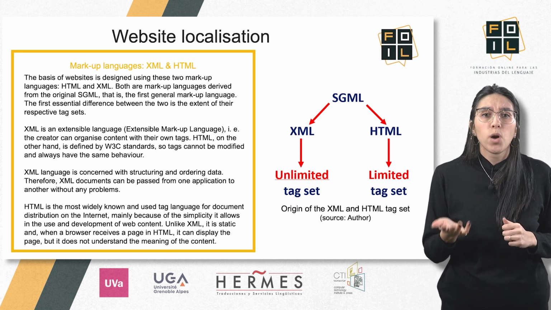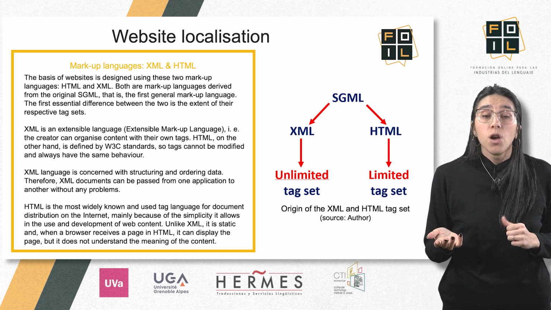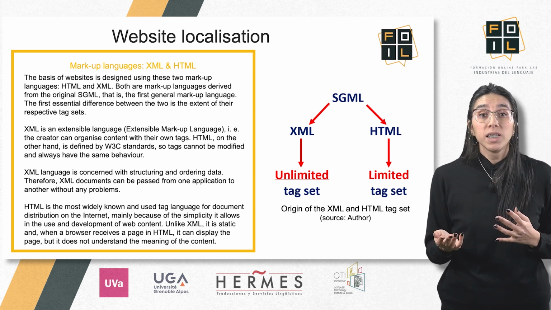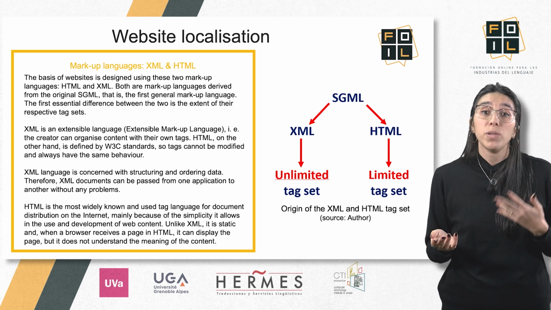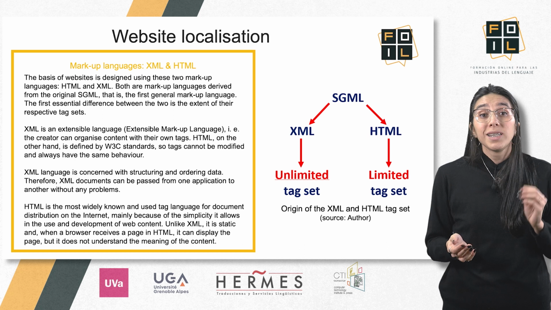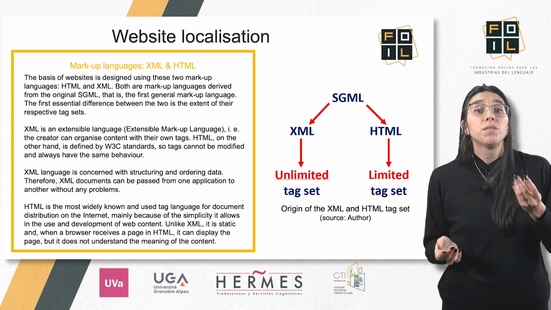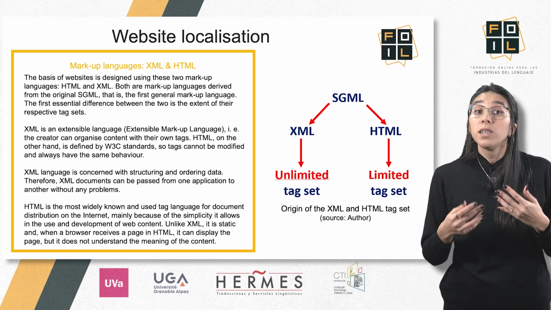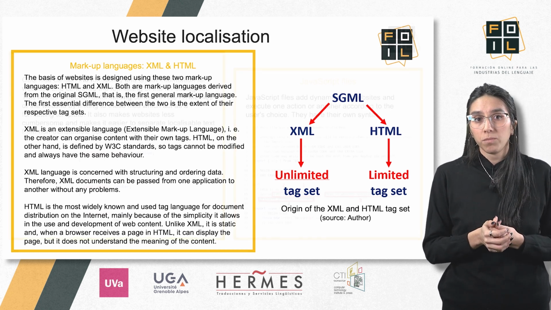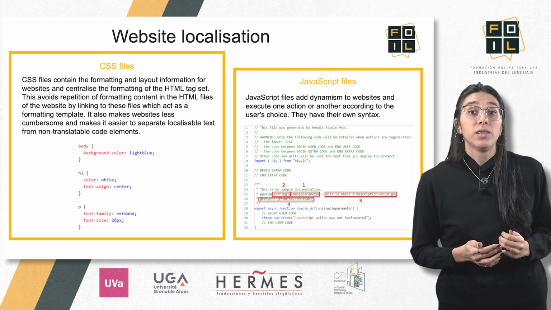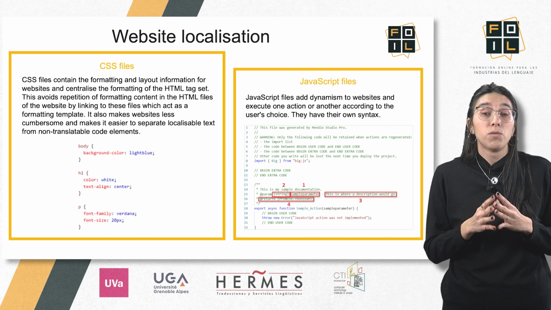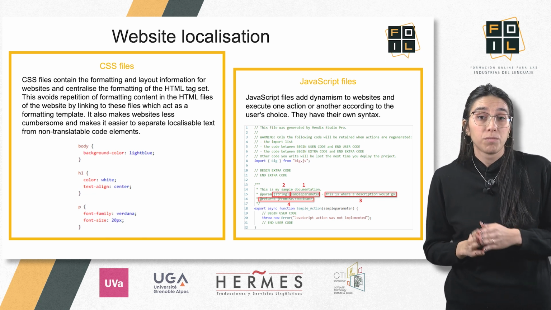HTML is the most widely known and used tag language for document distribution on the Internet, mainly because of the simplicity it allows in the use and development of web content. Unlike XML, it is static, and when a browser receives a page in HTML, it can display the page, but it does not understand the meaning of the content. CSS files contain the formatting and layout information for websites and centralize the formatting of the HTML tag set.